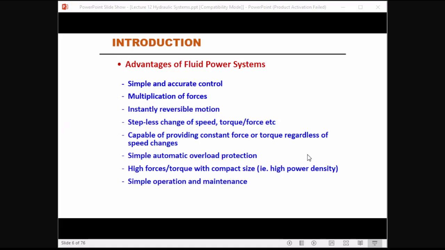Then we can consider a small machine, lightweight components. Then we no need to use a large space area to install these fluid machines. Then we can install in a small area.